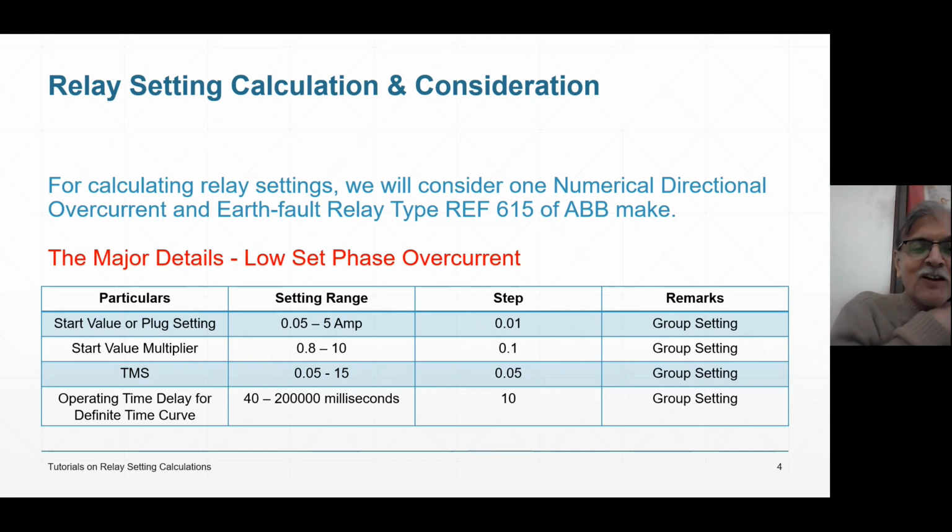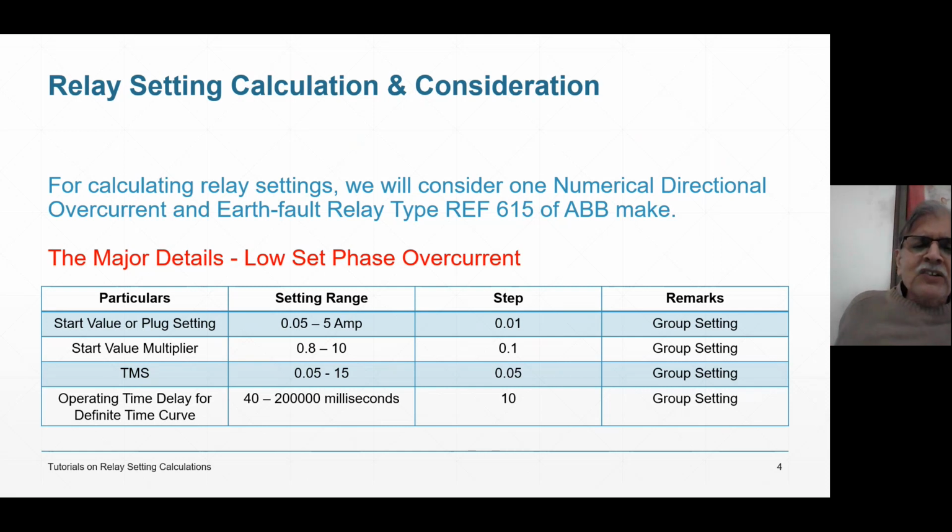But this feature, start value multiplier, is true for induction motors also. An induction motor takes 6 times the rated current during starting, which is not abnormal. Magnetizing inrush of a transformer is not abnormal. It is not a fault. It is a normal happening, the normal philosophy of operation of a transformer.